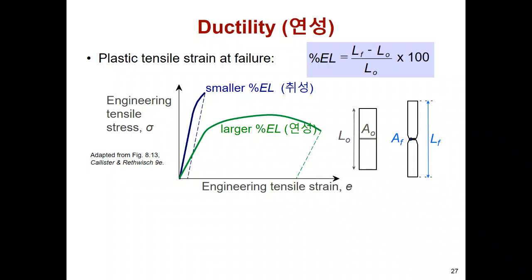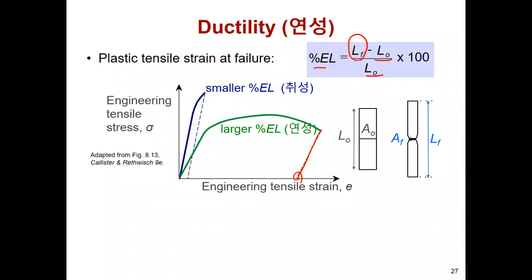Next, the definition of the material property is ductility. Ductility means the plastic tension strain at failure. Some metal or ceramic structures will experience fracture when we apply too much elongation. We define this from the initial length and then check the final length, the final strain.